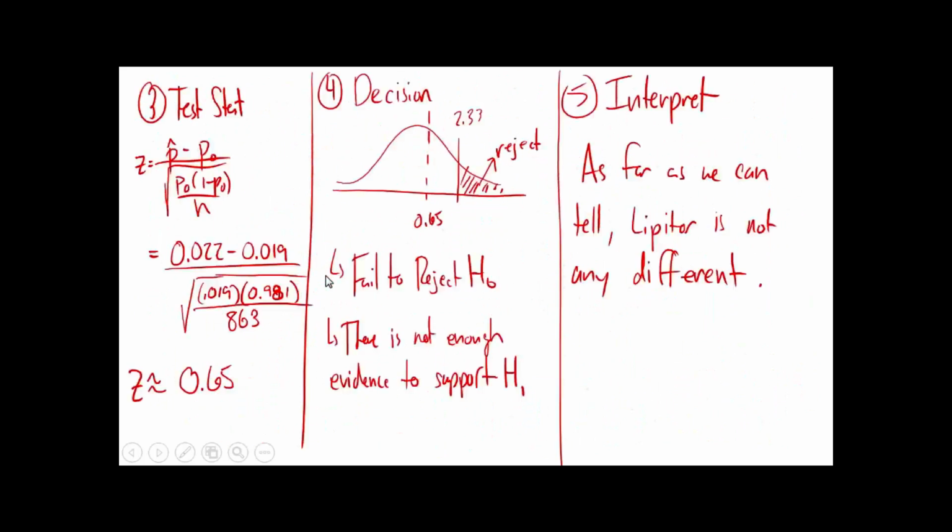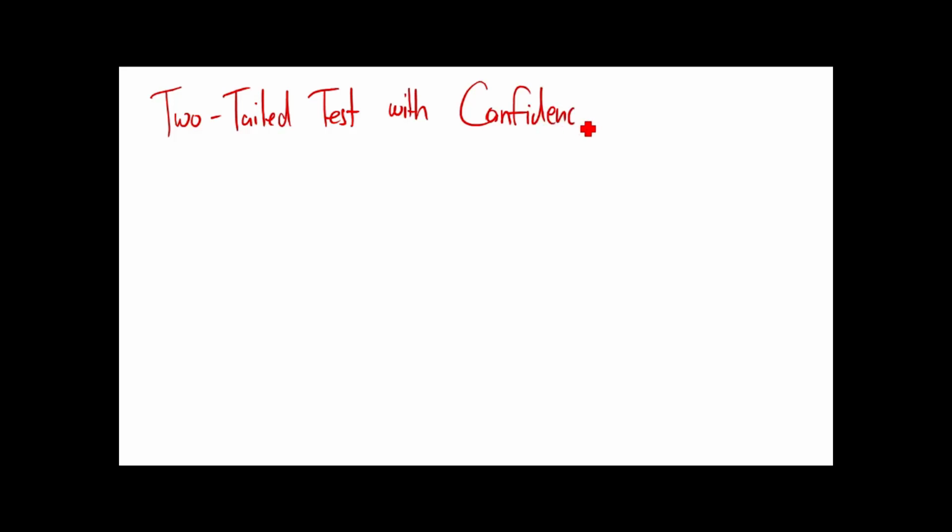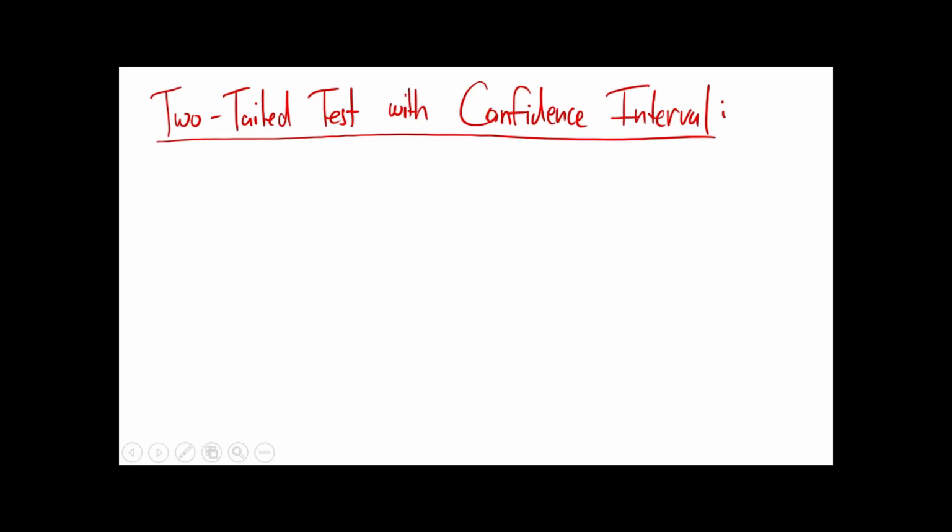But there's actually a shortcut you can use on two-sided tests. If you have what they call a two-tailed or two-sided test, you can actually just do it instead with a confidence interval. And I'll show you how that works.